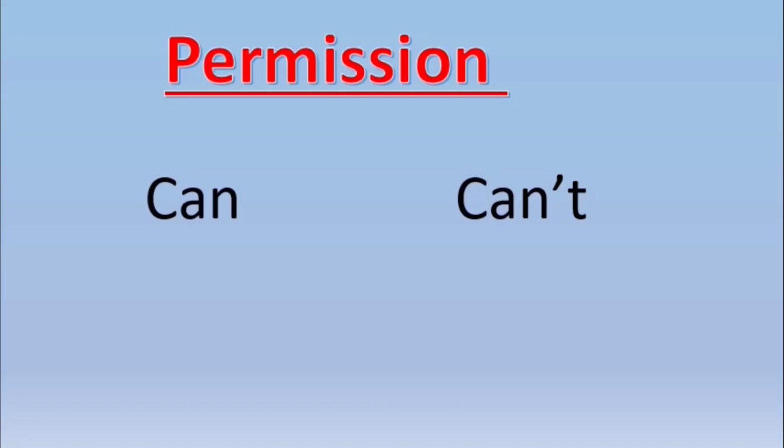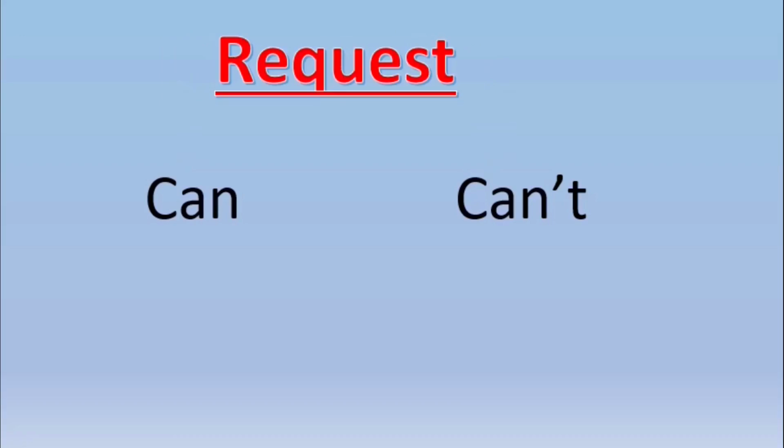Request. We use this when we use the question form. For example, can I sit here? Can't I sit here? Both of these are asking if it is okay to sit here. It is asking for permission.